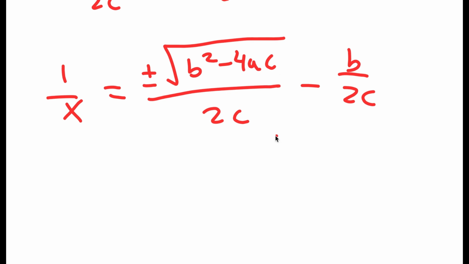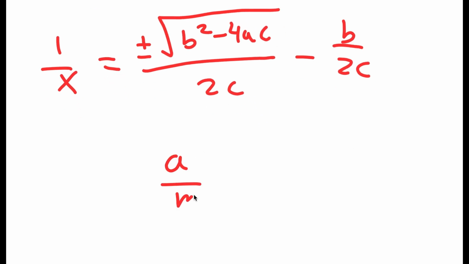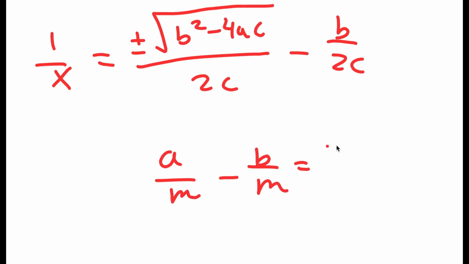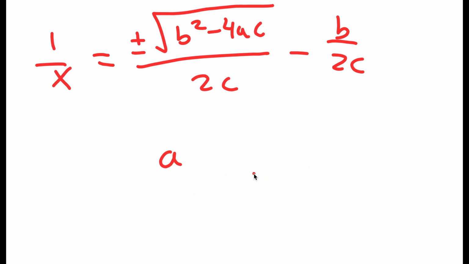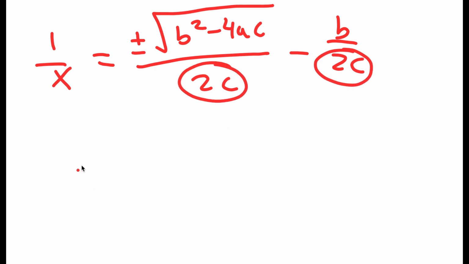Well, if I have something in the form a over m minus b over m, this is the same thing as a minus b over m, because both the denominators are the same. So if you notice here, both the denominators here are the same.